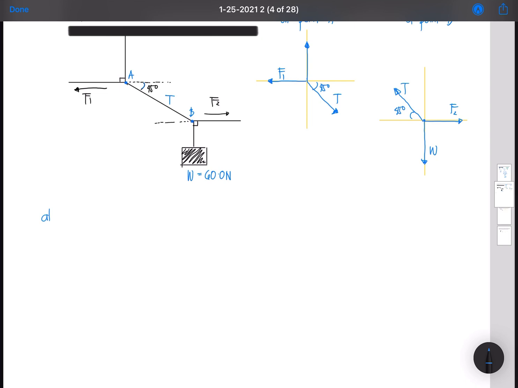Now, let's start at point B because that is where we have our given, which is 60 newtons. Again, the system is still in equilibrium. Therefore, we apply the conditions of equilibrium. First, the summation of all forces along x should be equal to 0. What are the forces acting along the x-axis at point B? First, we have the x component of tension.